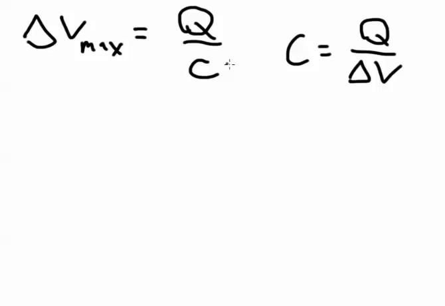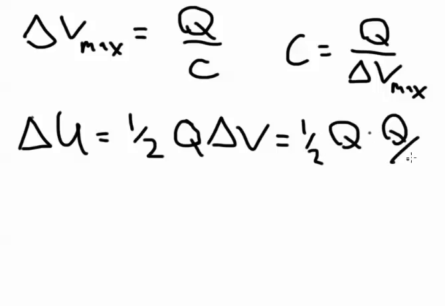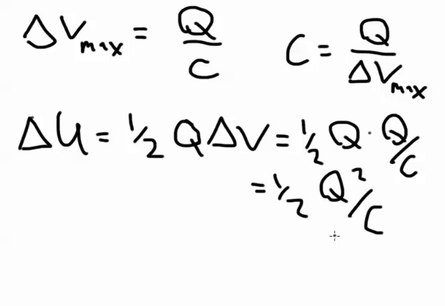So that means that the energy that we've calculated is 1/2 Q delta V equals 1/2 Q times Q over C equals 1/2 Q squared over C. So that's the energy stored on a capacitor.